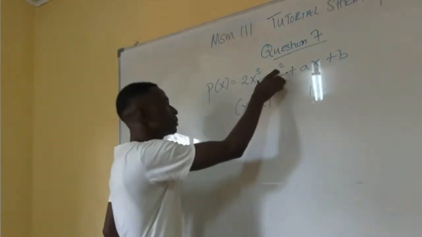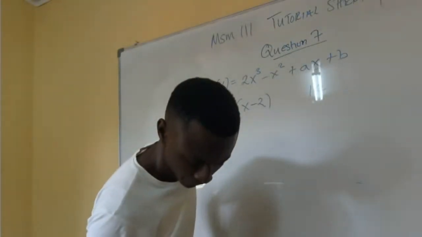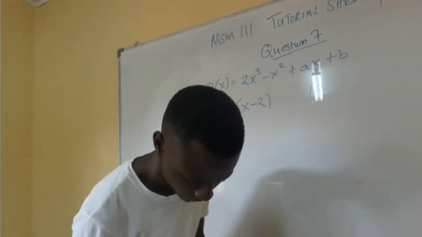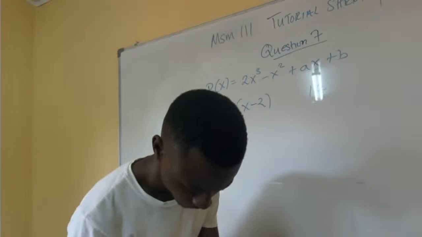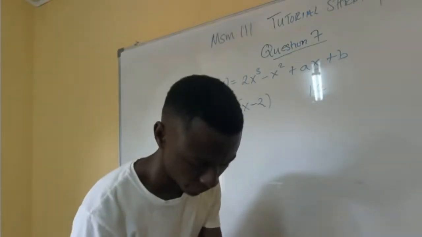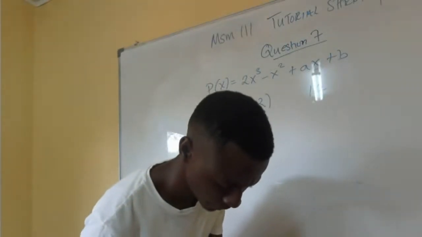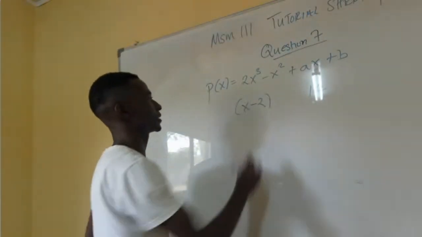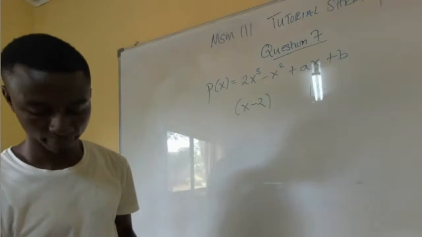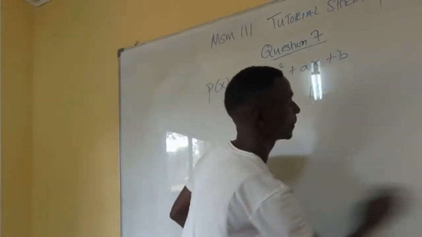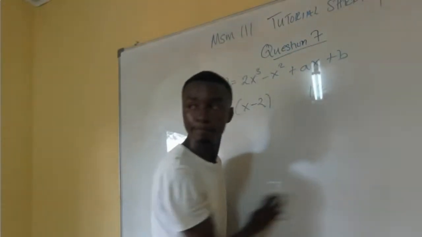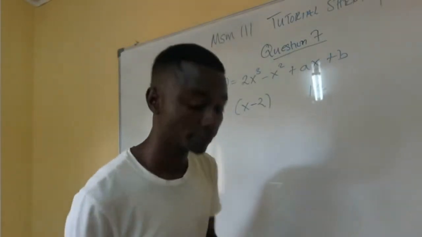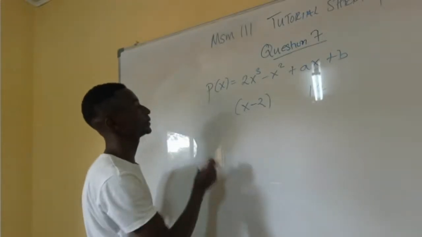And again, if the same polynomial is divided by another factor, we are having 14. So now let's divide this one.